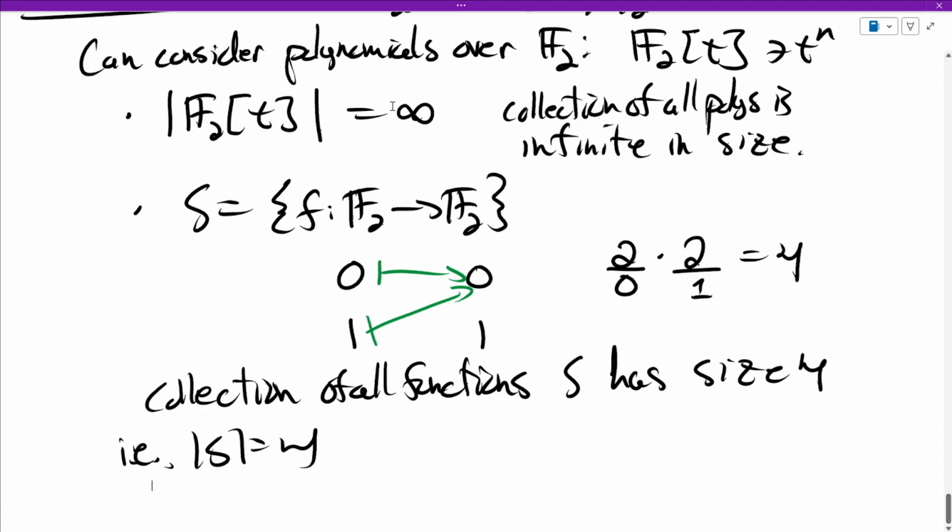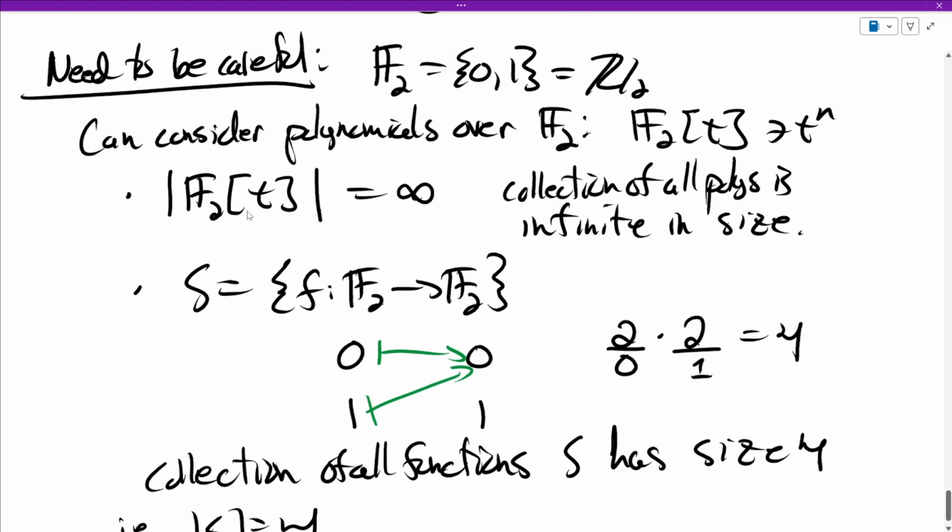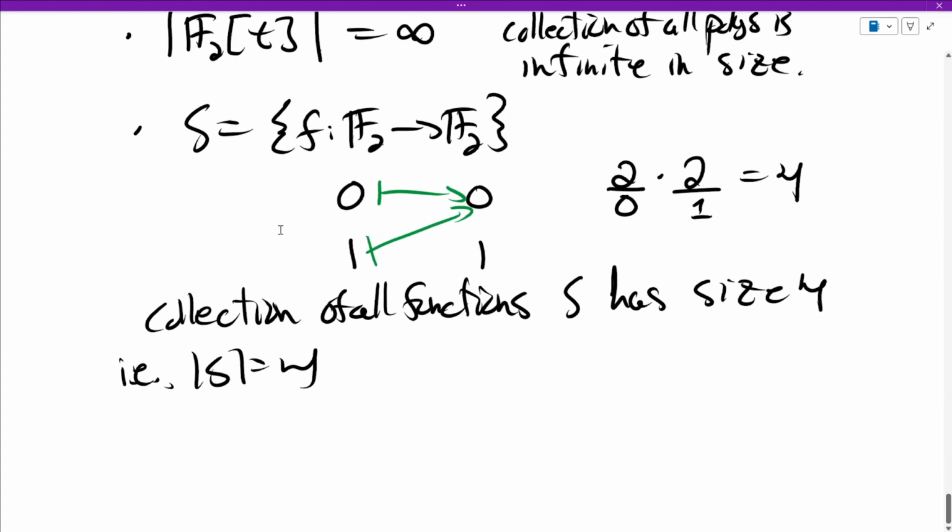Whereas polynomials, the symbols we're dealing with, there's an infinite number of them. And so we can use polynomials to define functions, certainly, but we have to be very, very careful in general on that relationship. That relationship is not in general a one-to-one relationship. So we must be careful.